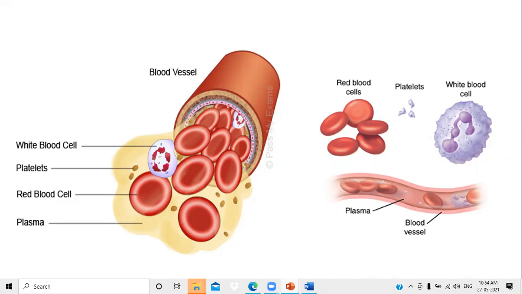What about the platelets? If your skin got injured, the platelets run to the part that you got injured in, and they start to form a crust. This crust is supposed to stop the bleeding. This is number one.